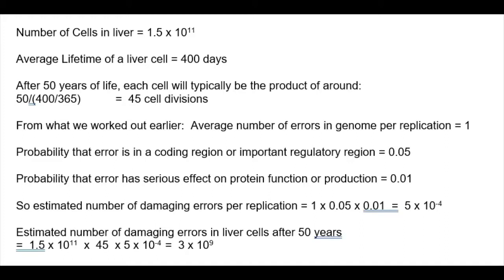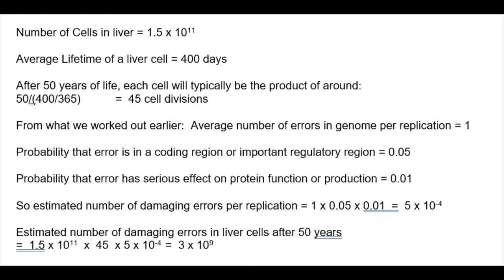Now, if we then take account of the number of replications that have happened for a given cell and the number of cells in the liver, we can multiply those together and come up with a number of about 3 billion for the number of damaging errors that have arisen in liver cells as a result of replication errors after 50 years. 3 billion is about 2% of the total number of cells in the liver.